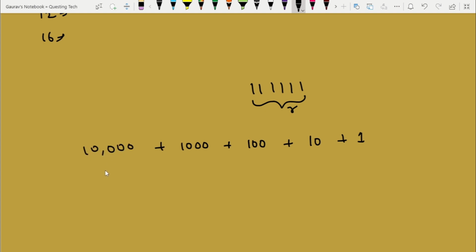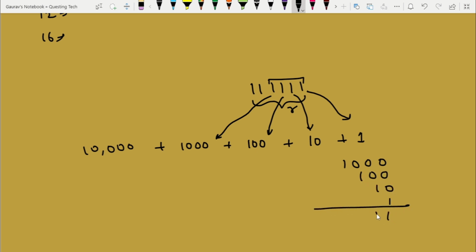If we consider only these 4, can we write it as 1 plus 10 plus 100 plus 1000? So what is this number? 1000 plus 100 plus 10 plus 1 is 1111. So we are representing this number in this way.